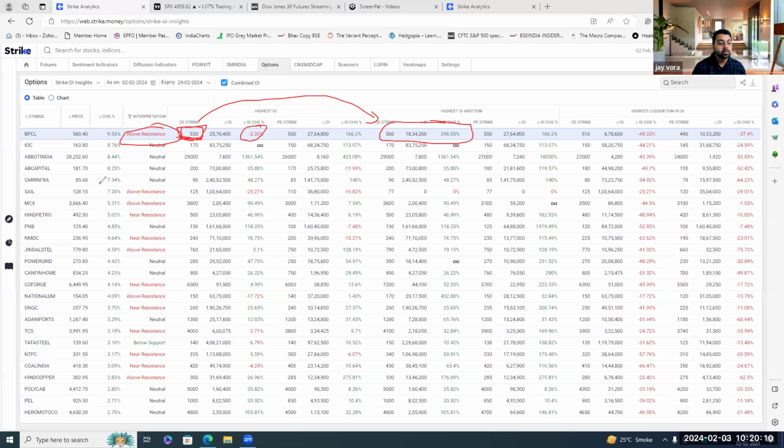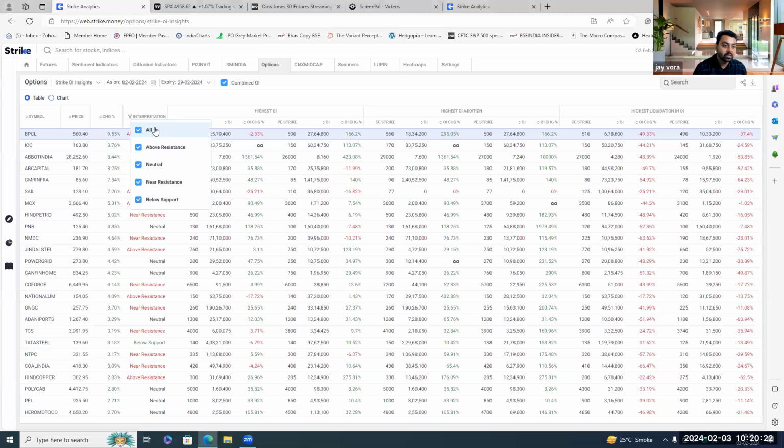So that is why we have created a filter over here. What we are trying to say is that if it is above resistance, see, there are actually one, two, three, four, five filters, and there is one more filter over here, which is near support level.